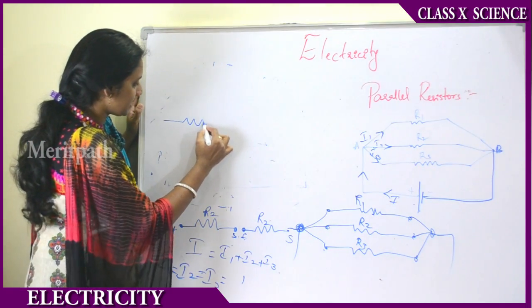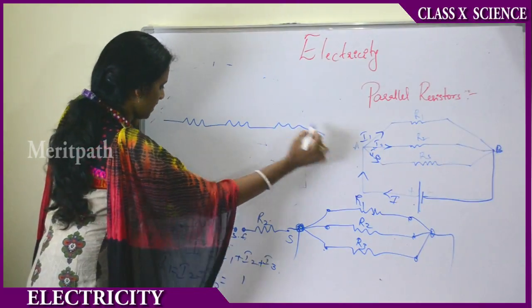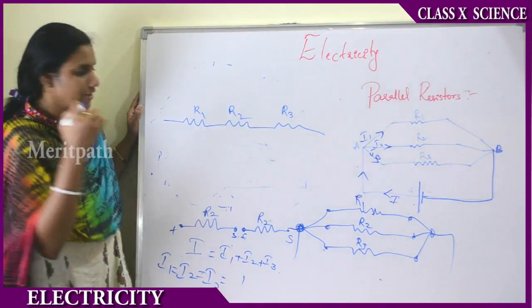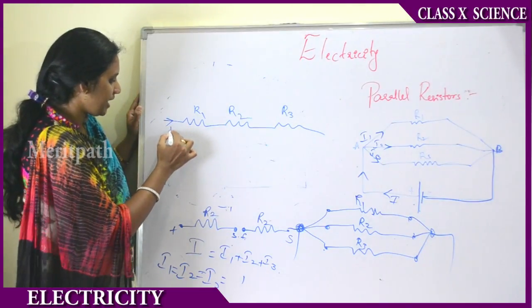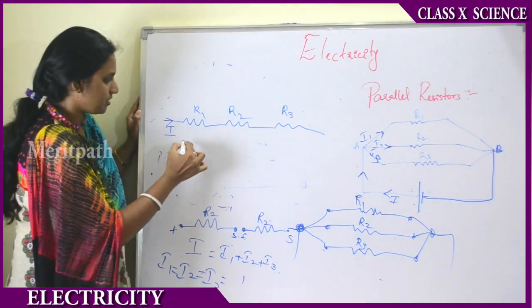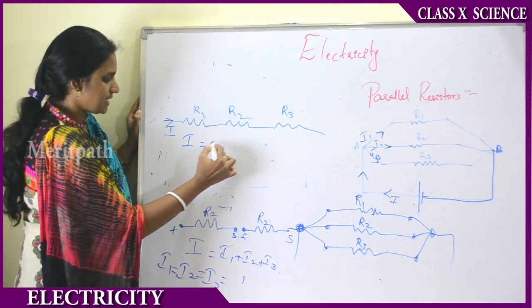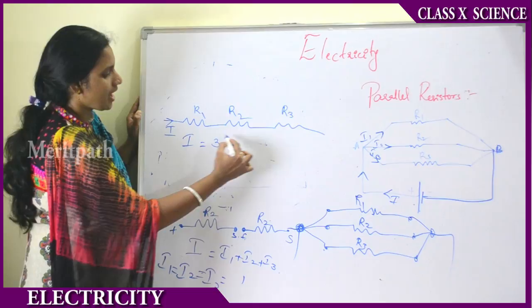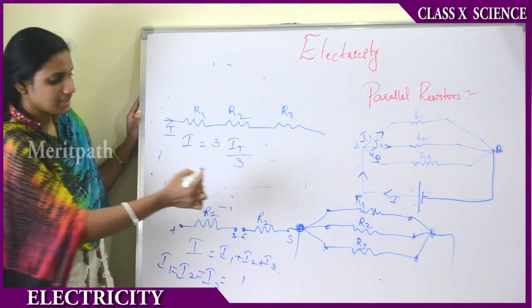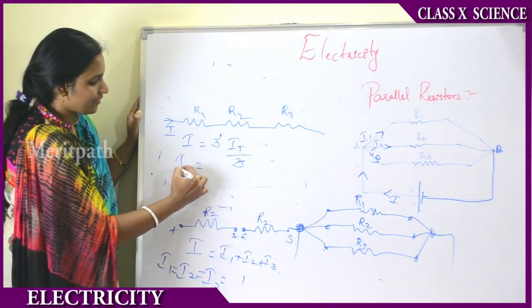Here you are seeing the resistors, right? This is R1, R2 and R3. Now we observe that the current flowing is the same throughout the circuit. Therefore, I is the same, equal to 3 parts of I total, the 3 is cancelled, that is I equals I total.